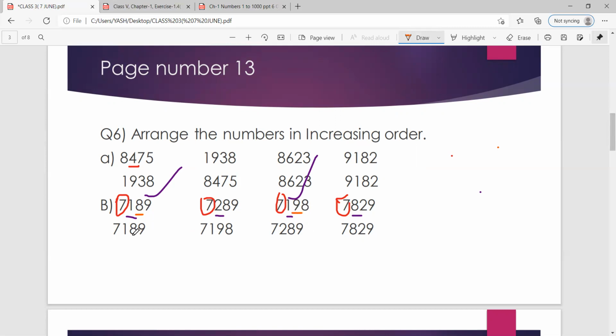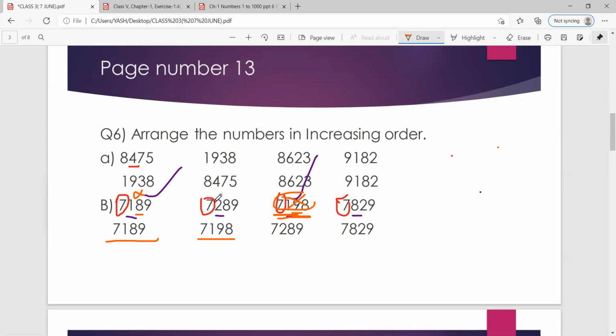8 is small. So let's keep 7, 1, 8, 9 at first place and cut this number because we have already done. Now after this number we will write this number because here in this number second place is 1. So let's keep this number over here and cut this number too.